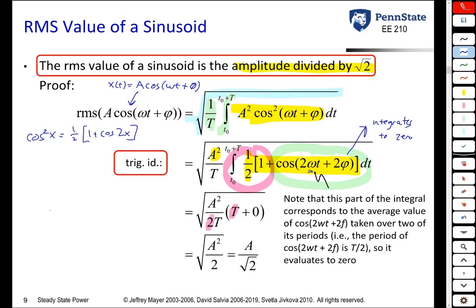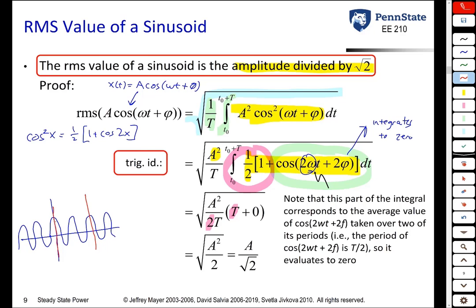So why does that evaluate to 0? Cosine of 2 omega t has twice the frequency of cosine omega t. So imagine now a sinusoid, and we're going to integrate this over what amounts now to 2 periods.